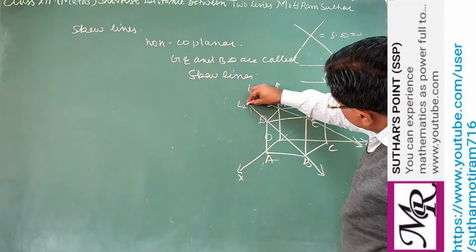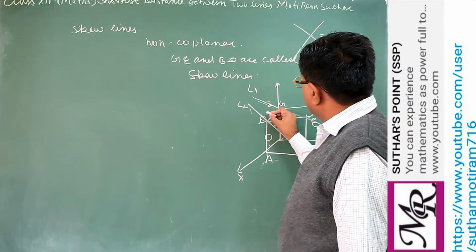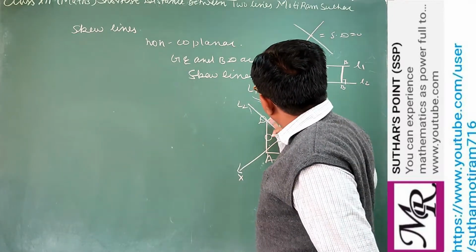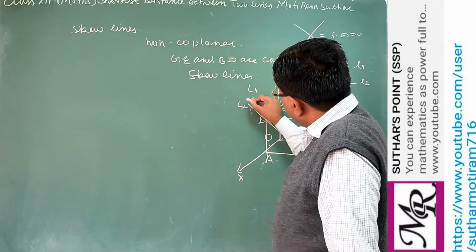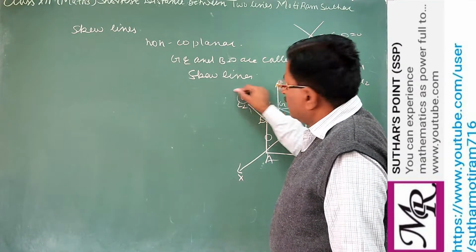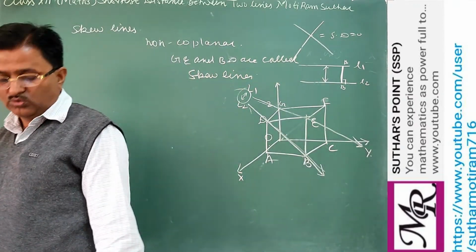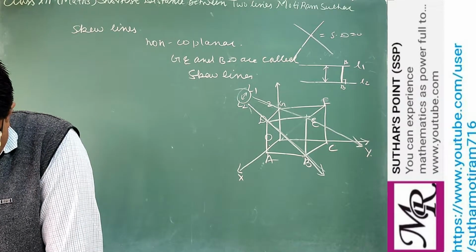Means like, see, these lines are extending in this way. So there may be a position where, after some time, this line will cross in this way and this line will move on this side, but they are not intersecting. So at that point, what is the distance? That is known as the shortest distance between two lines, and these lines are called skew lines.